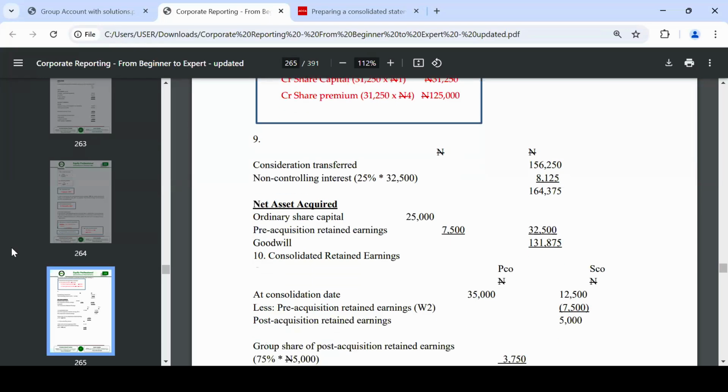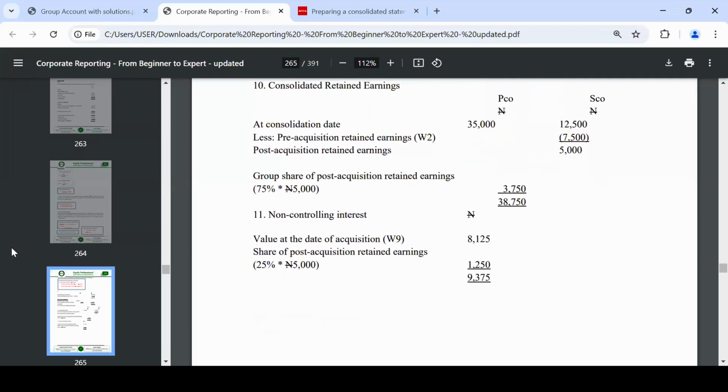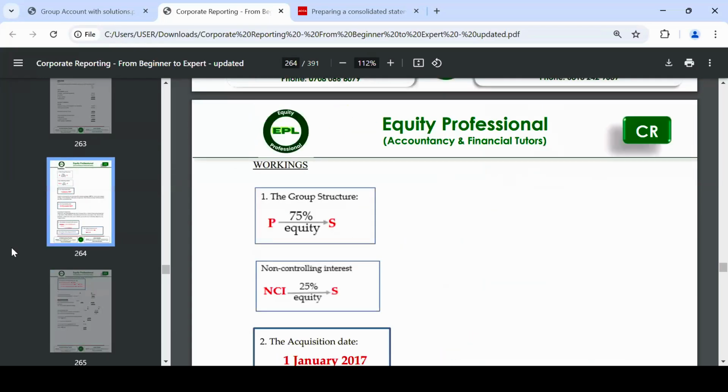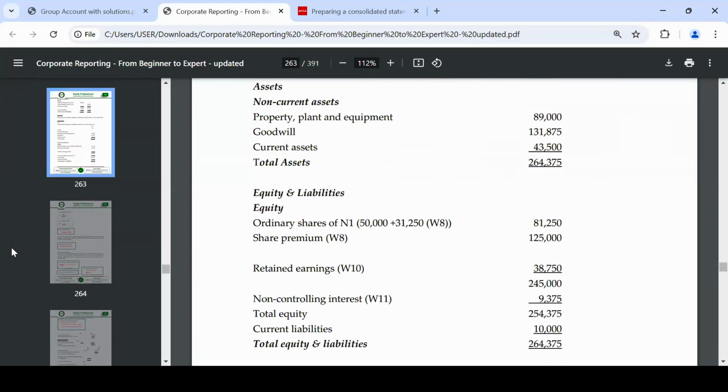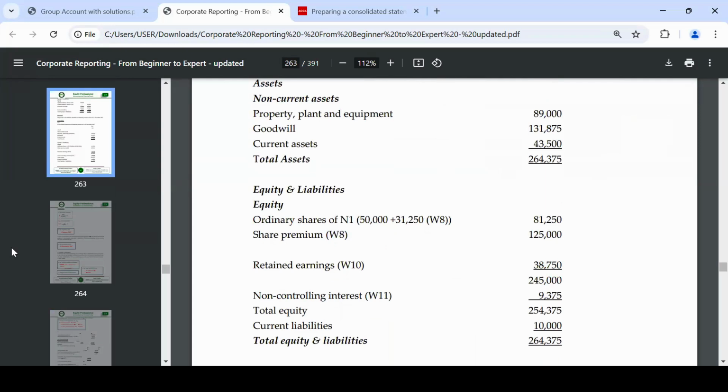And then we'll go through all of that, the same thing we've always been doing. But when you come to the consolidated financial position, that 31,250 was an addition to the ordinary shares of the parent, whilst the remaining 4 naira times 31,250, 125,000 naira, showed up as share premium.